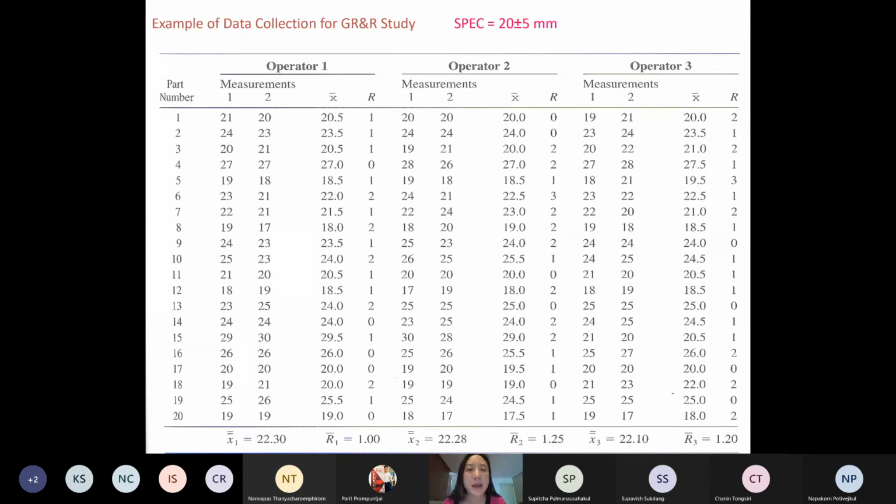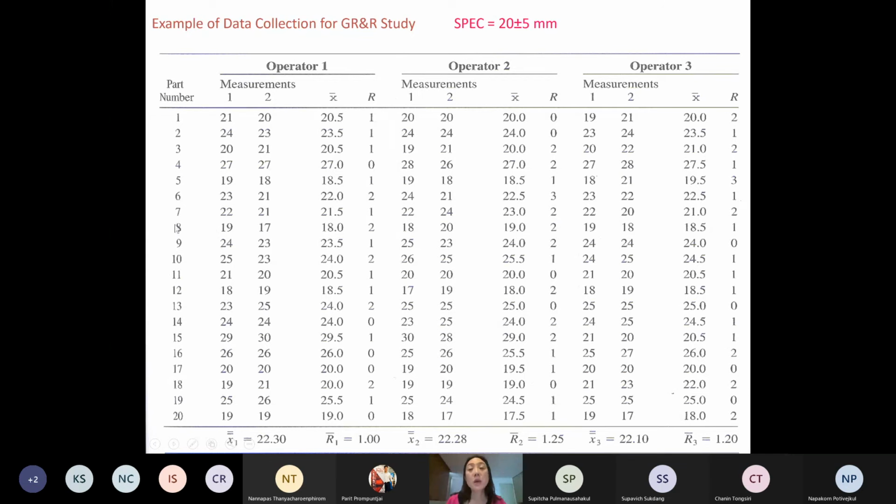Operator can mean inspector. You can call them inspector or measurer. Measurer is better. Then, for example, operator number 1 measures, in this case, 20 parts, 2 times, and you have the same thing for operators 2 and 3, right?